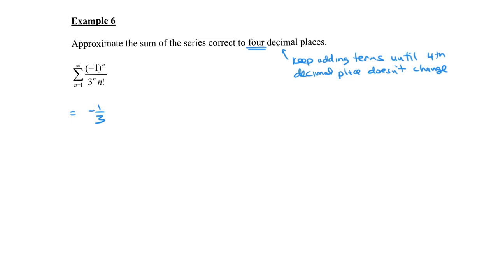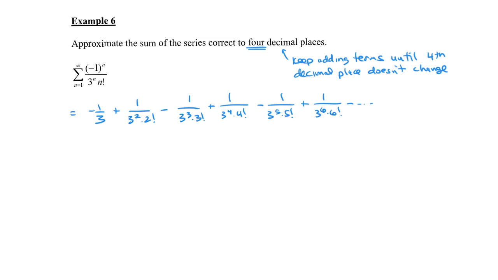But all right, let's keep going here. So then we've got minus, I plug in a 3, I'm going to get 1 over 3 cubed times 3 factorial, plus 1 over 3 to the 4th times 4 factorial, minus 1 over 3 to the 5th times 5 factorial. I'm going to put 1 more: 1 over 3 to the 6th times 6 factorial.